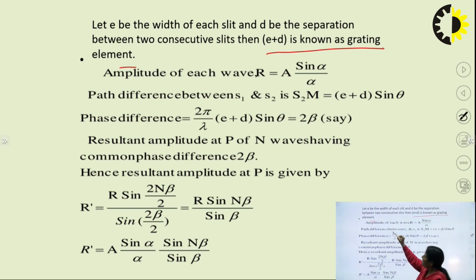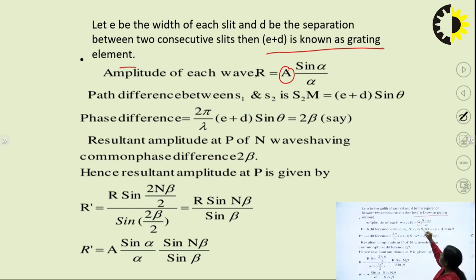Now here it is shown in detail how we can understand the path difference which is generated due to n number of slits. Initially, the amplitude of the wave is calculated by capital R. All right. So capital R is this A, this is the amplitude, and then sine alpha by alpha.